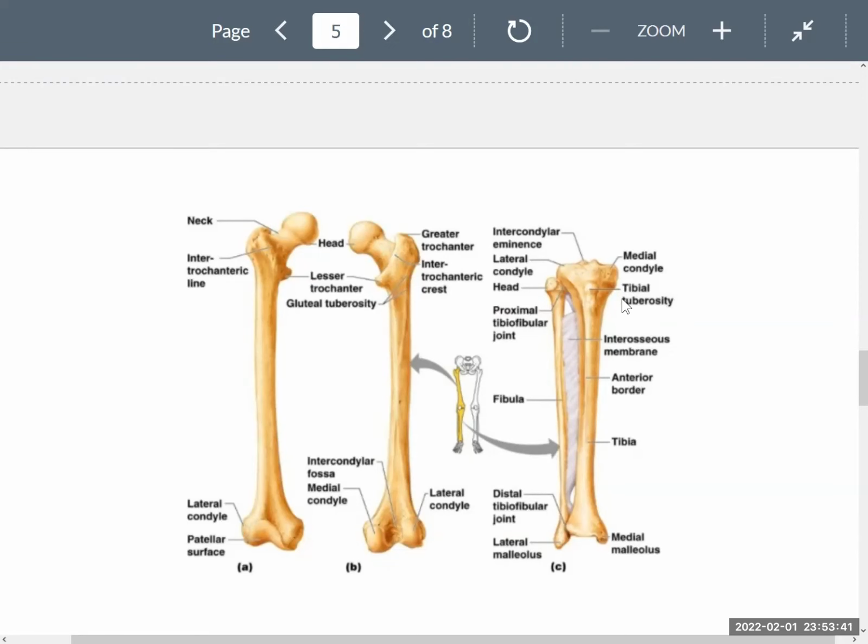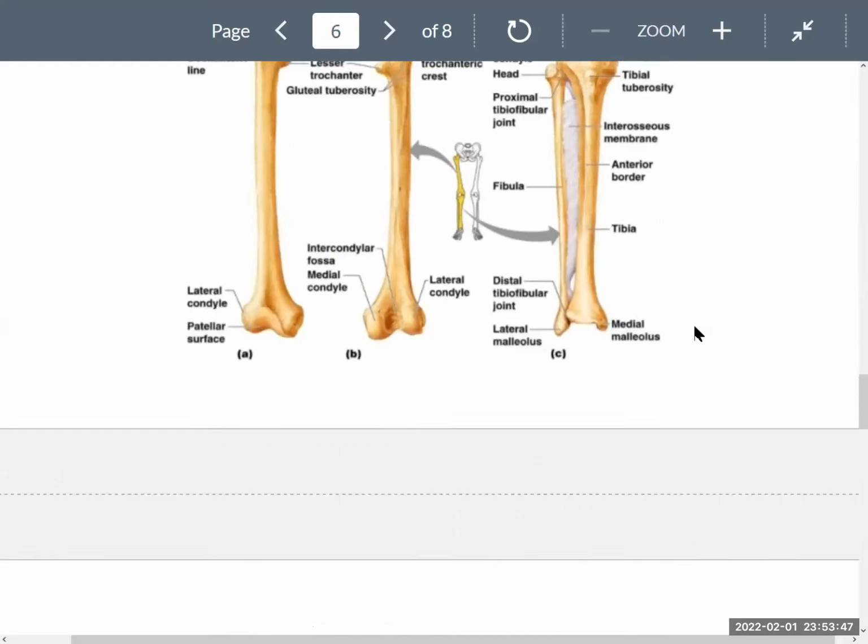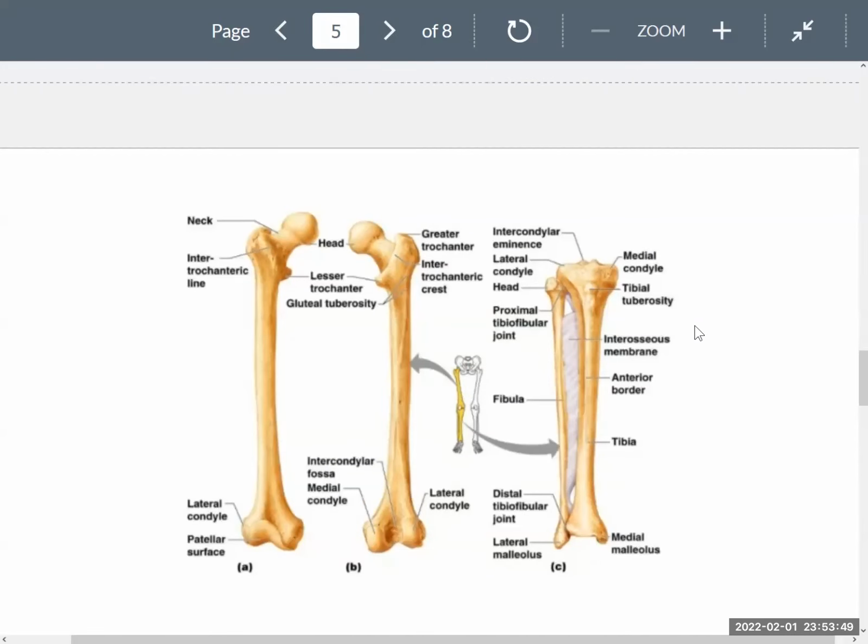Over here, the two bones of the lower leg are put together. We need to see them again. This isn't good enough, but it's good. Here's our tibia. You can't call it shin bone in the class or on the test, but that's what it is for our sake.